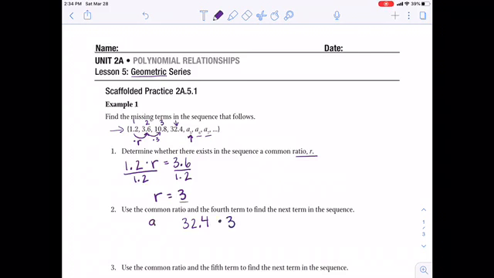That's going to give me a sub 5. If I multiply this out, my calculator says that it equals 97.2. So there's a sub 5.